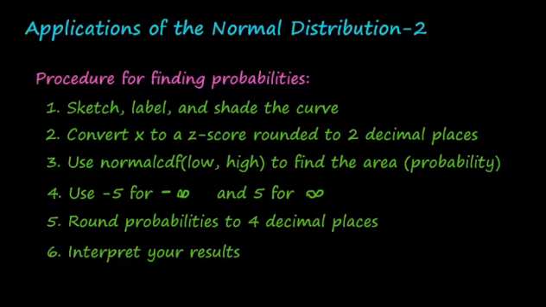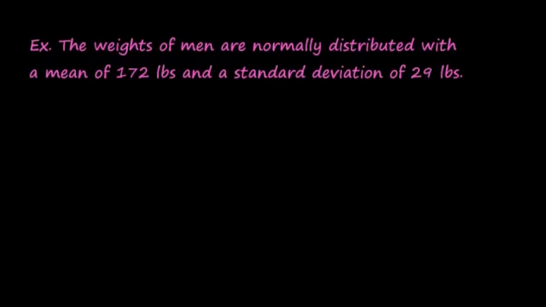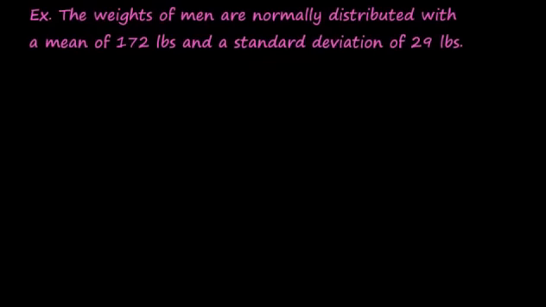Okay, now we want to look at an example where we'll go through these steps. So hopefully you've written these down so you can follow along. The weights of men are normally distributed with a mean of 172 pounds and a standard deviation of 29 pounds. So let's make a note of that.